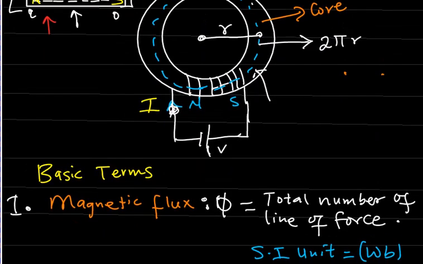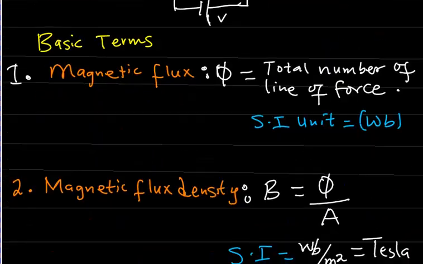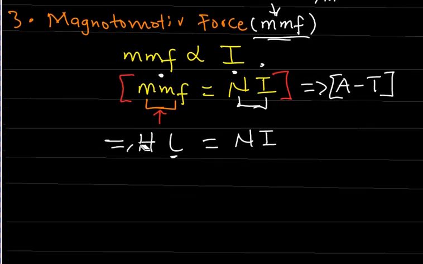So depending on the shape of the flux, we need to calculate the length of the flux to be able to evaluate the MMF. So MMF is given as H times L. Then of course it's equal to N times I. And from here, it is very easy for you to calculate the magnetizing force.